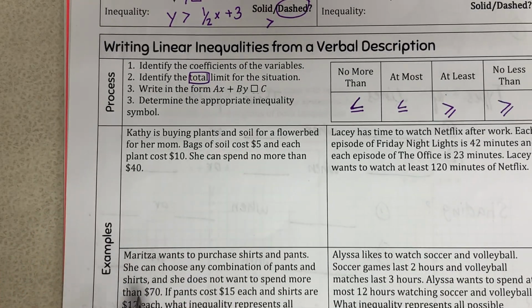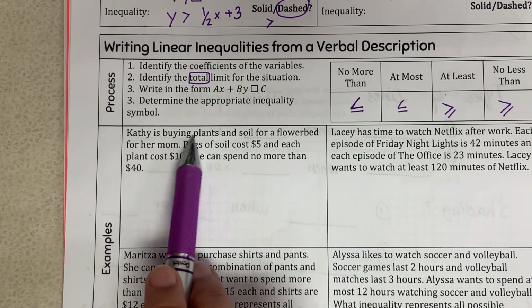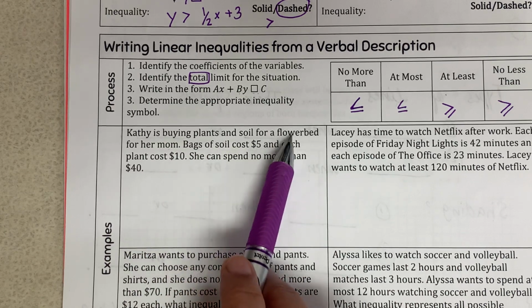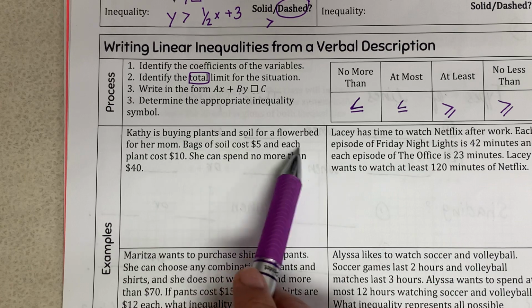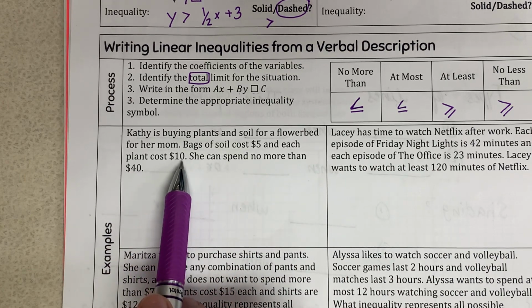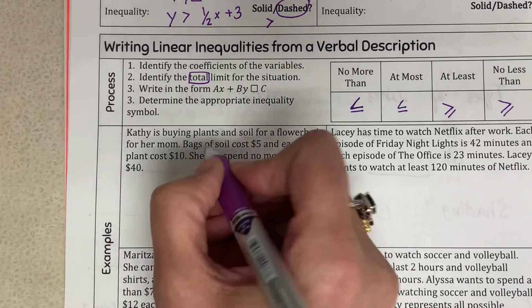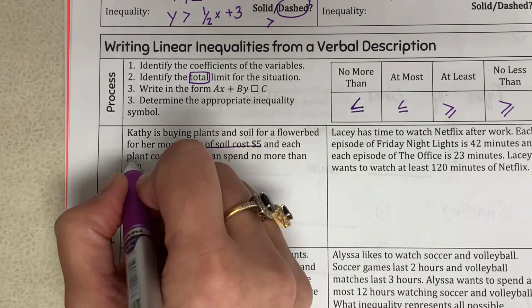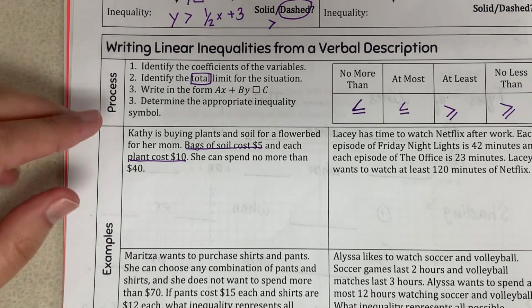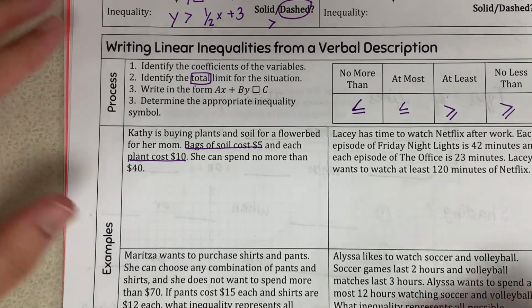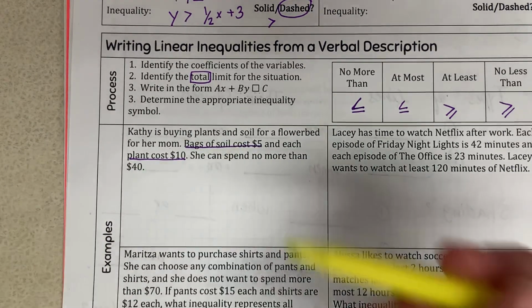Let's look at the first example. Kathy is buying plants and soil for a flower bed for her mom. Bags of soil cost $5 each and each plant costs $10. She can spend no more than $40. So your keyword over here is "no more than 40."